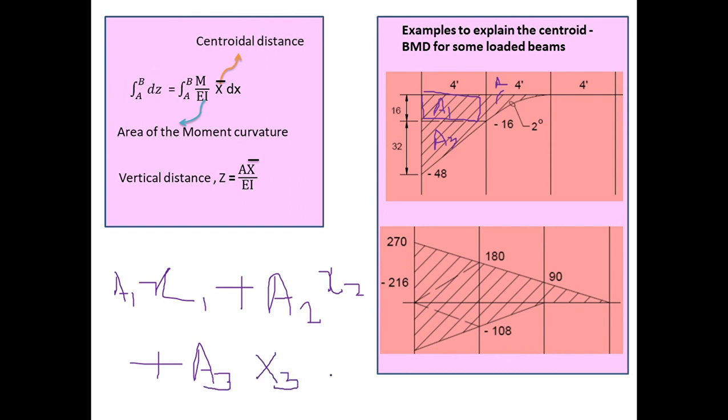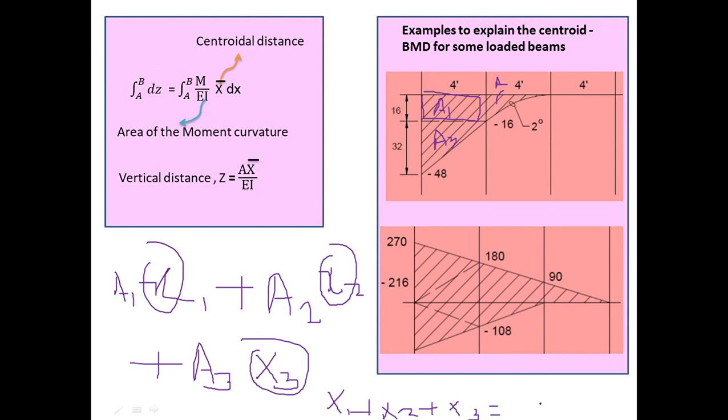Okay, so x1, x2, x3 and so on, we can write as x bar, right? So the area of the M by EI diagram and the x bar, the centroidal distance, divided by EI will give the vertical distance for the reference point.